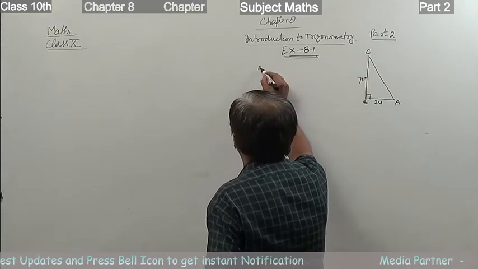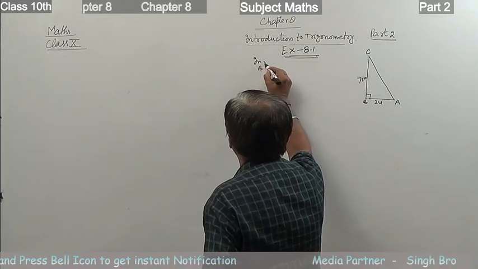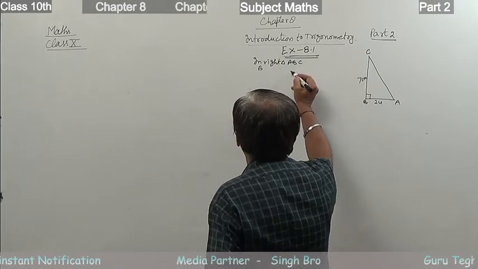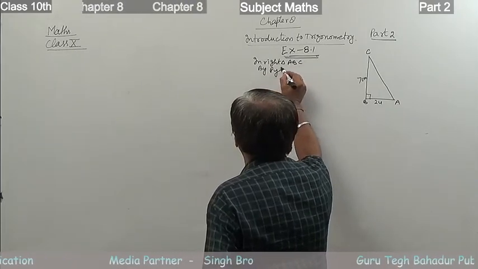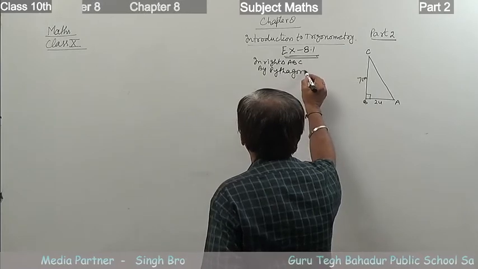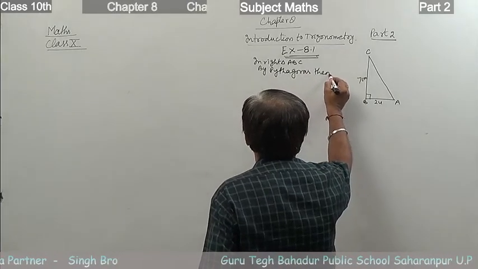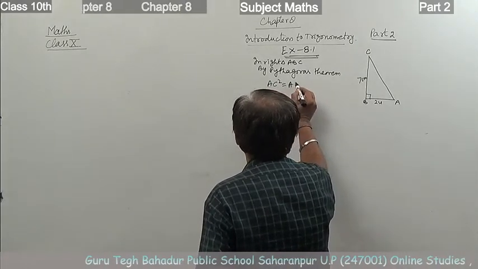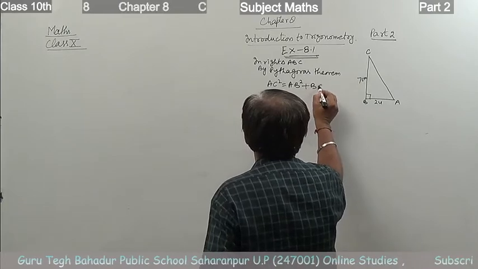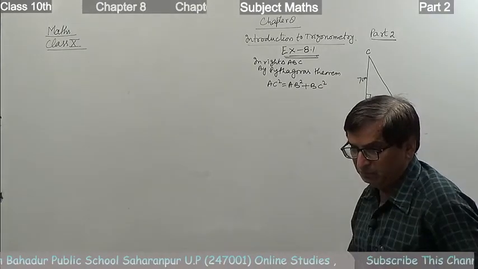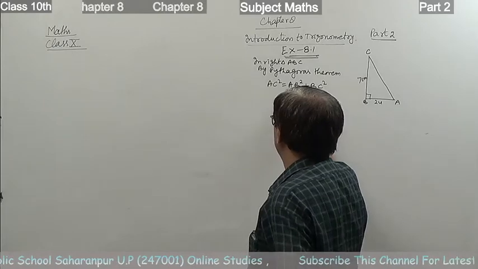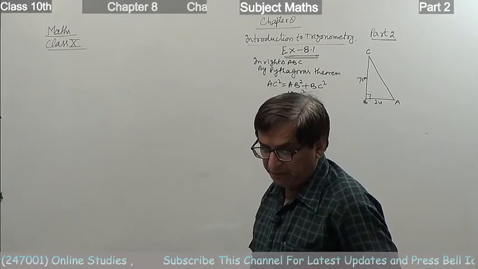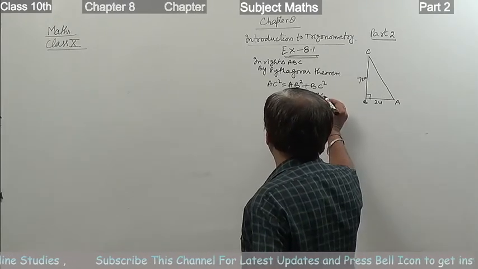So by Pythagoras theorem, in right triangle ABC, AC square is equal to AB square plus BC square. AB is given to you 24 centimeter and BC is 7 centimeter.